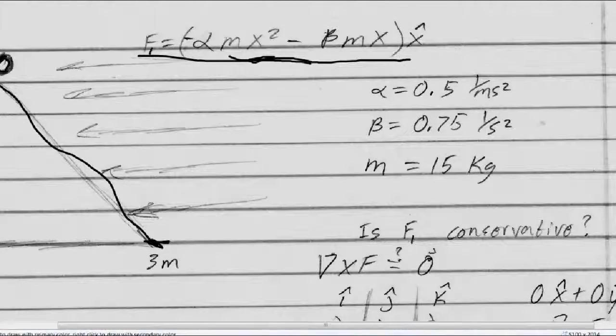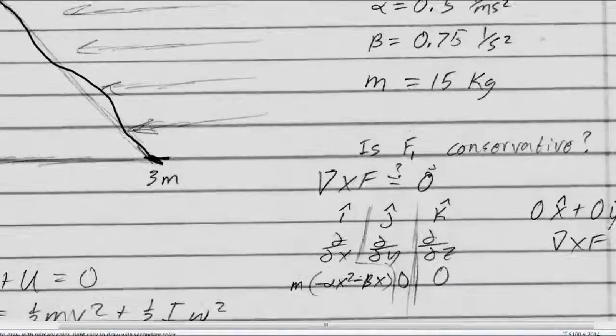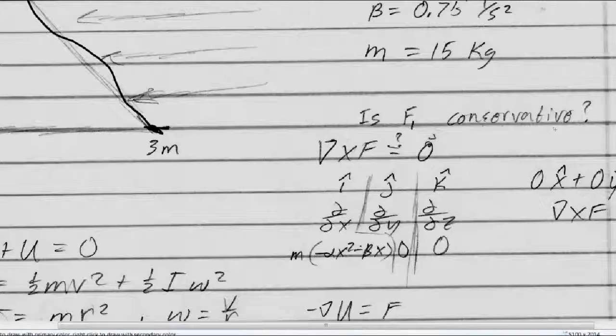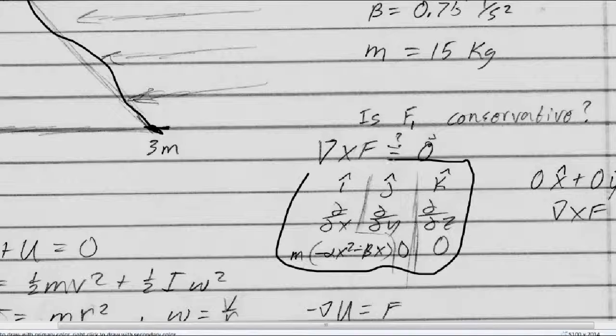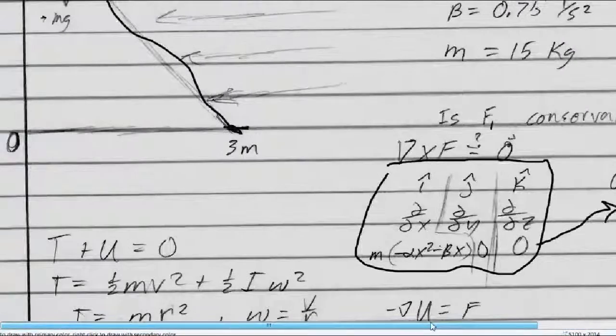So if we take that force, in order for F1 to be conservative, the curl of the force would have to be equal to 0. So if we take the curl of the force, we find out that in fact the force is conservative, in that we get the curl of the force is 0.